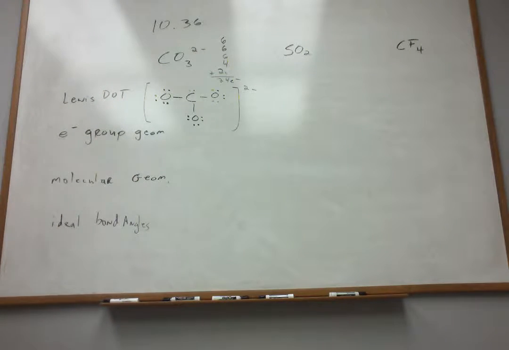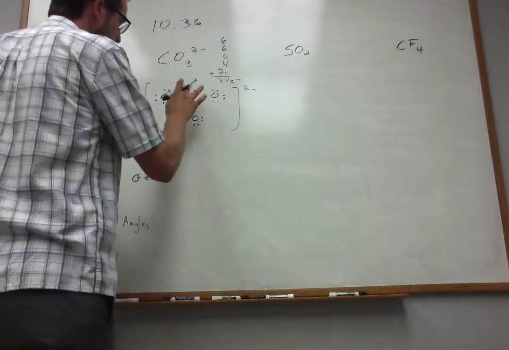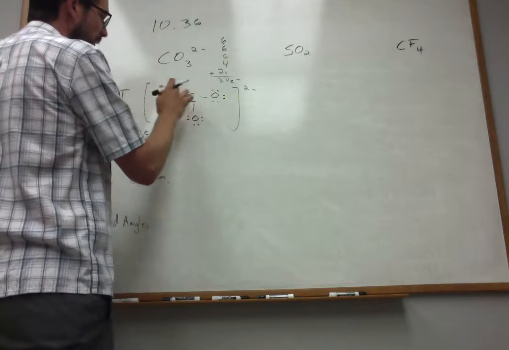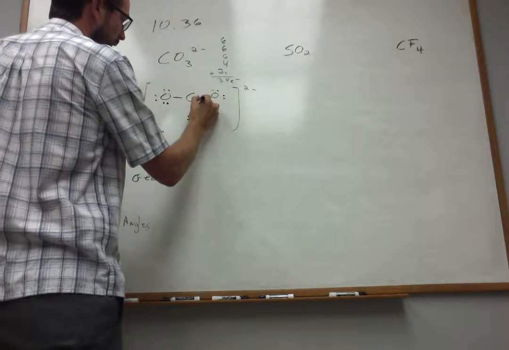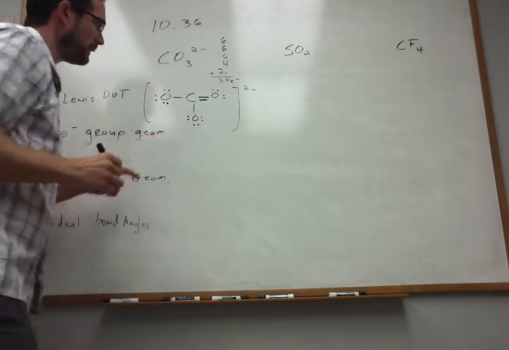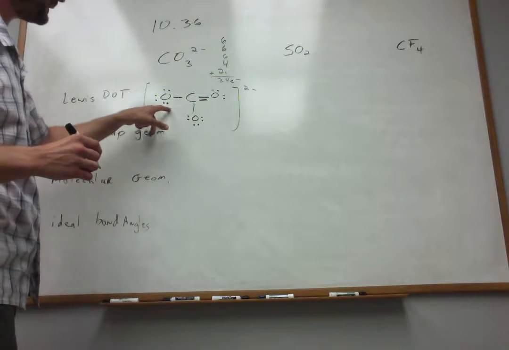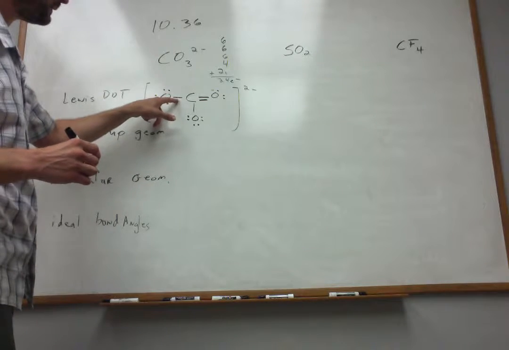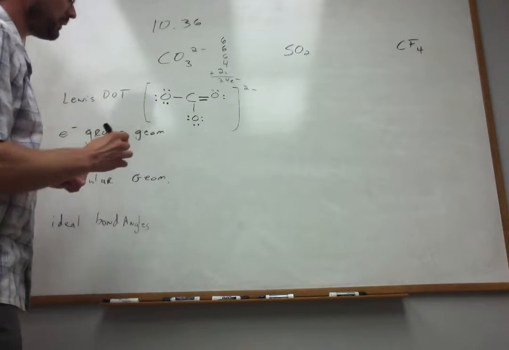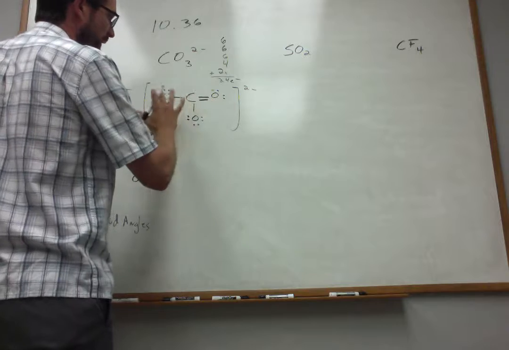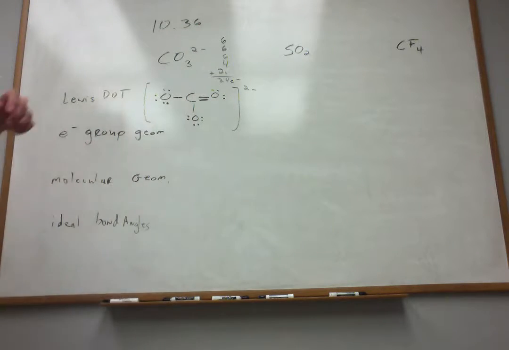I need to do something about that. And of course, what I need to do is share more. So I'm going to erase these lone pairs, erase these, and make a double bond here. Okay? So now I've got 4, 10, 16, 18, 20, 22, 24 electrons in my structure. That's consistent with carbonate. That's how many I had to use, and I'm good to go.